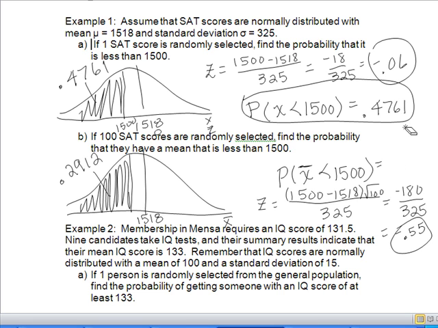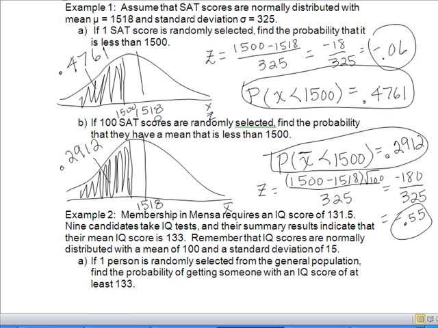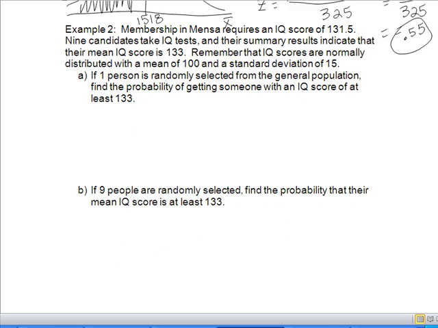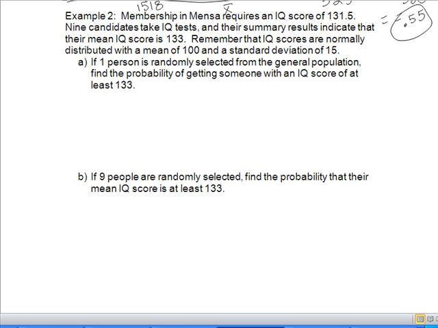So 100 is our mean. At least means greater than 133. So again, we're working with one individual. So 133 minus 100 divided by 15 equals 33 divided by 15, which is 2.20. Okay, so we look up 2.20 in our table.